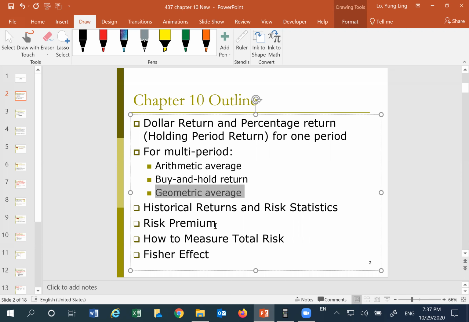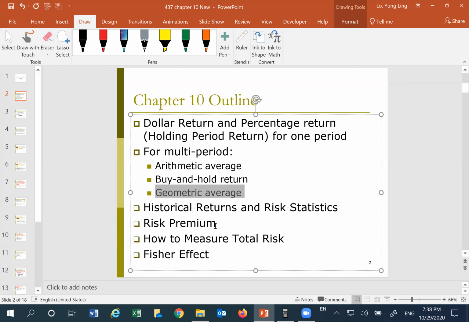If A earns 10% per year in the past 10 years, while B earns 15% in the past 3 years, can we necessarily say that B has outperformed A? No, we can't quite say that, because B potentially earns a higher return because it has much higher risk. So we need to know how to look at the risk premium by controlling for the level of risk that is precise to that particular investment.